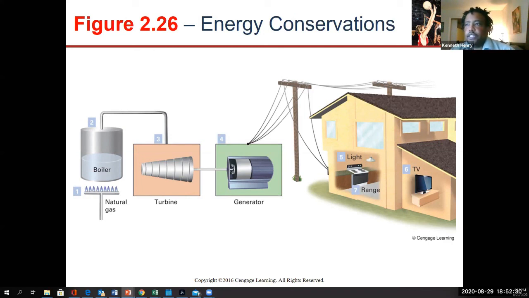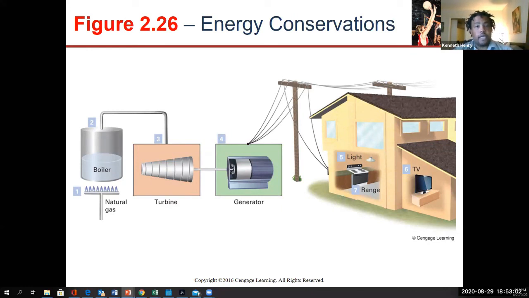That heat was then used to convert water into steam, whose molecules are moving faster. Then that moved the turbine, kinetic energy, right? Not potential energy, kinetic energy. The kinetic energy moves the turbine, and the turbine turning causes the generation of electrical energy, which then powers all the stuff in our houses.